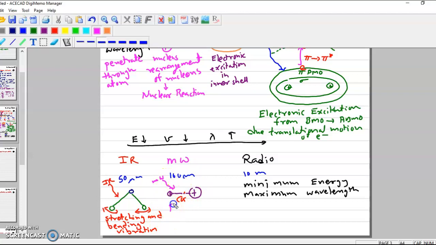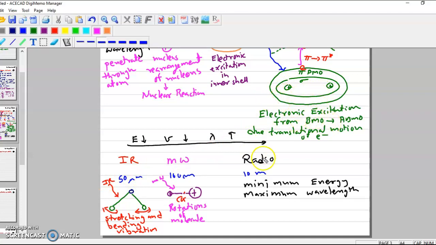So this brings a change in rotations of the molecule. Microwave will produce rotations in molecules, infrared produces vibrations in molecules, and ultraviolet-visible produces translational motions of the electrons.